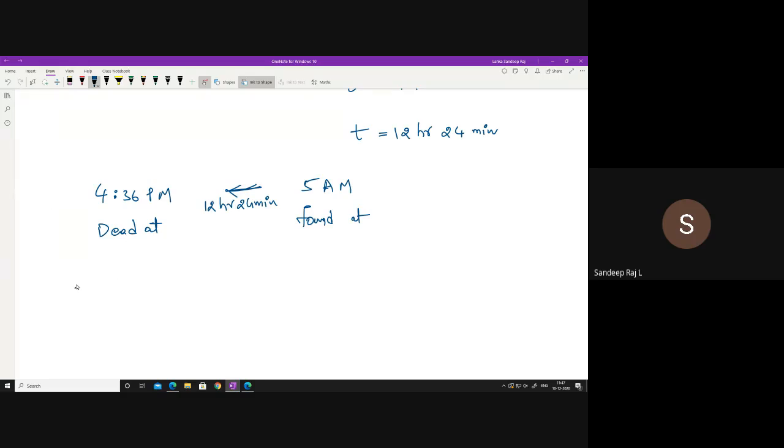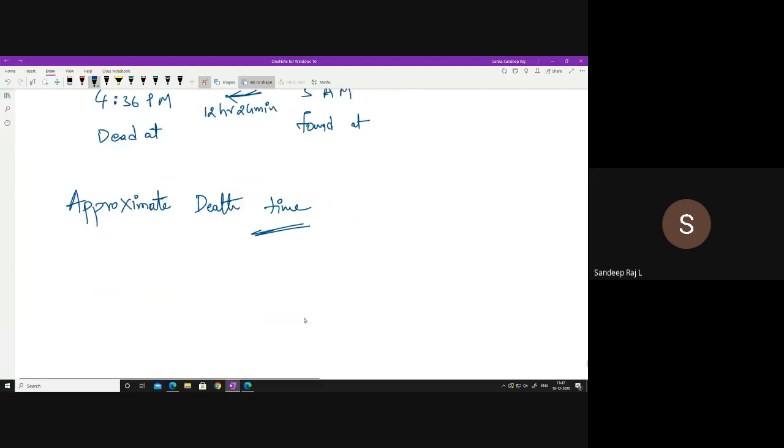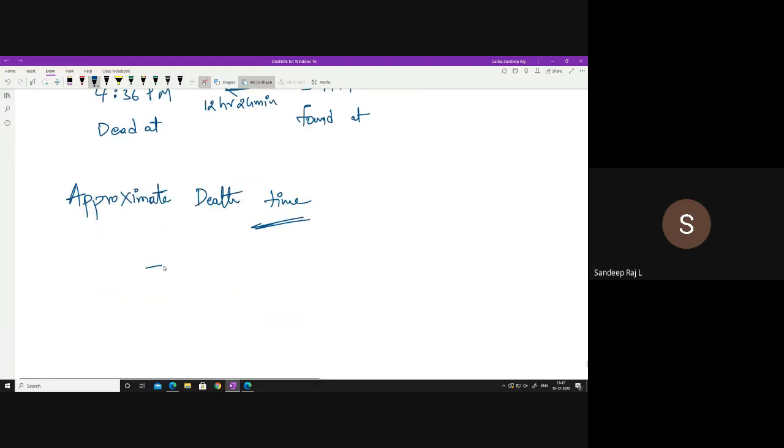See, here it is very important to understand that it is an approximate death time. It is not the exact death time. There are many approximations considered in it. One approximation is that you have considered that it is water, which is not true.